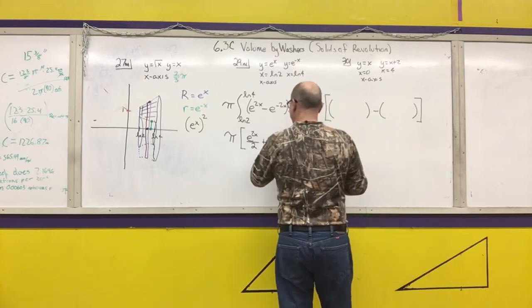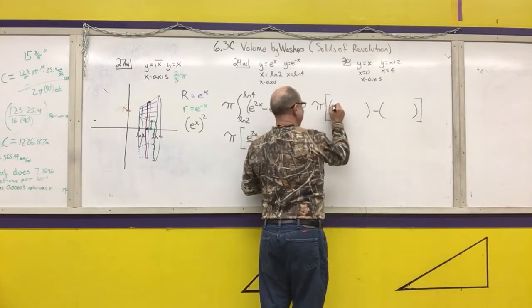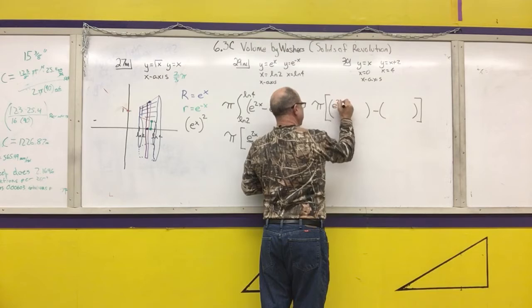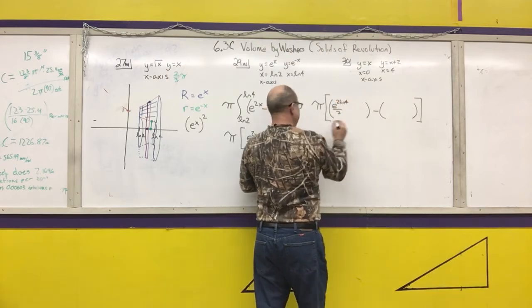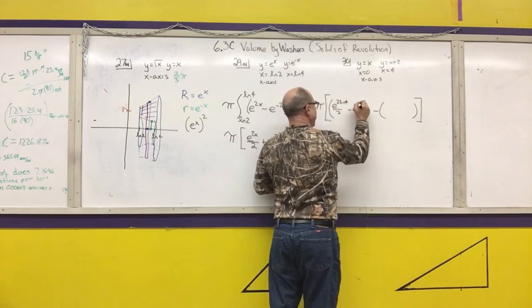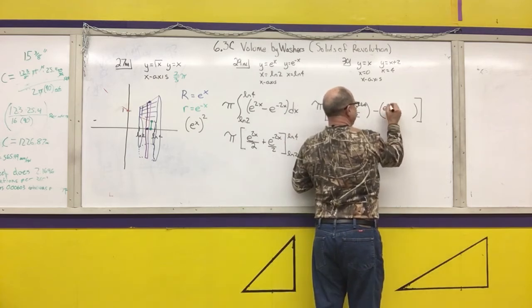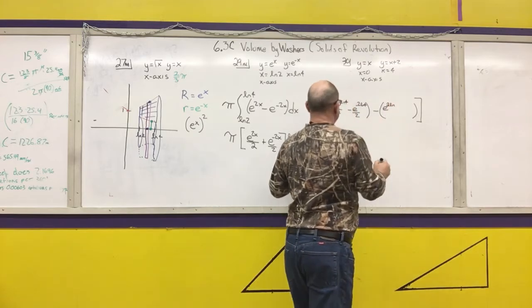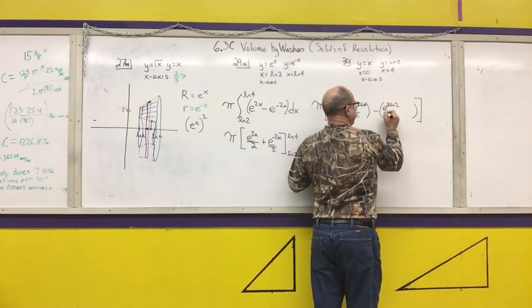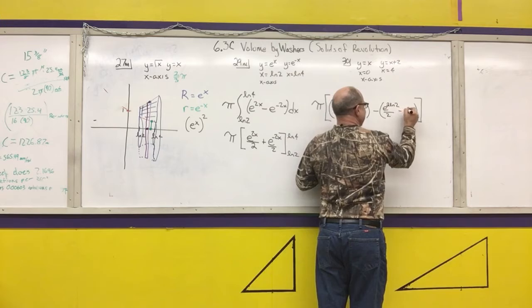For the first one, e to the 2 times natural log of 4 over 2 minus e to the negative 2 natural log of 4 over 2. This is e to the 2 times natural log of 2 over 2 minus e to the negative 2 natural log of 2 over 2.